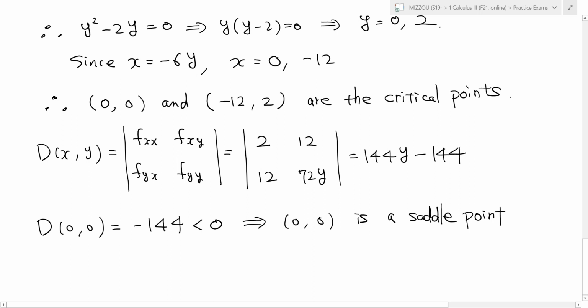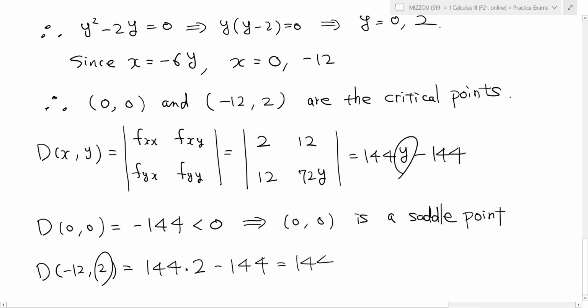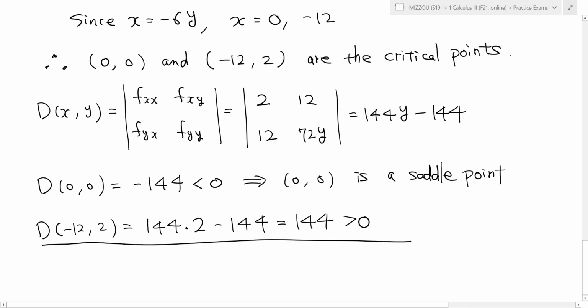Now, if you look at D of negative 12, 2, this is only a function of y, so you just plug in y is equal to 2. You get 144 times 2 minus 144, that's 144, and that is positive. If D is positive, there are two possibilities: either a local maximum or local minimum.